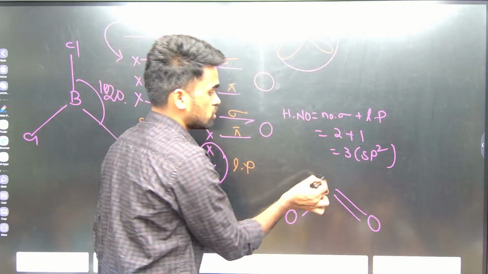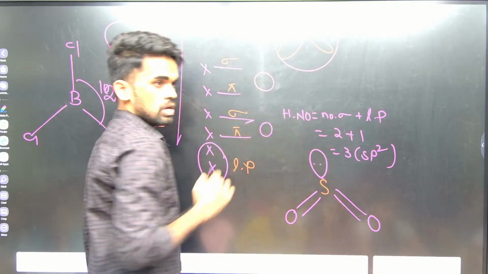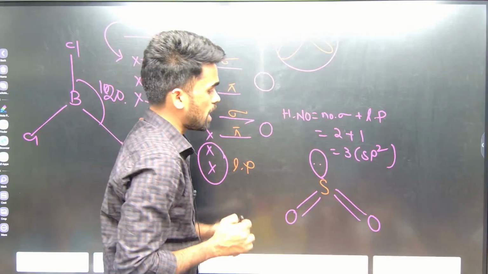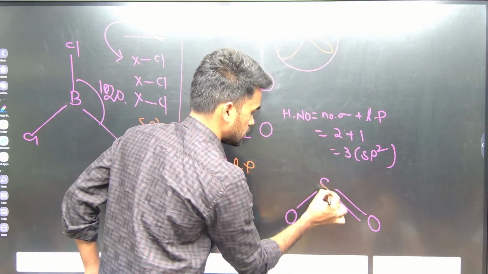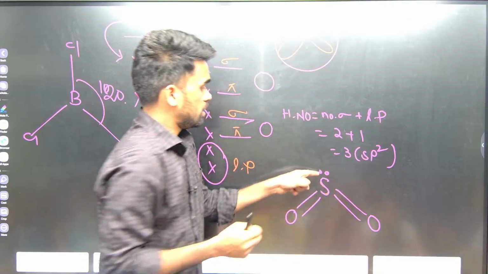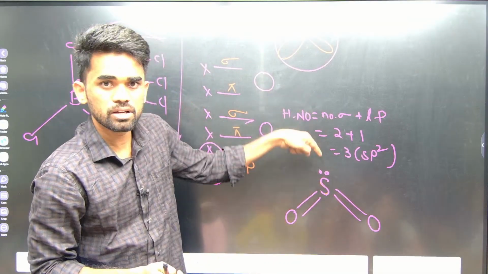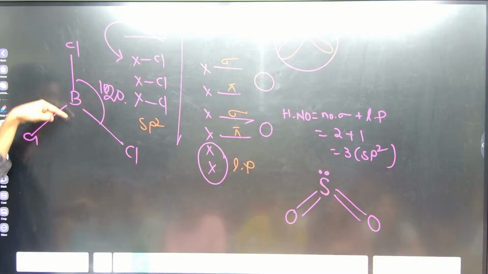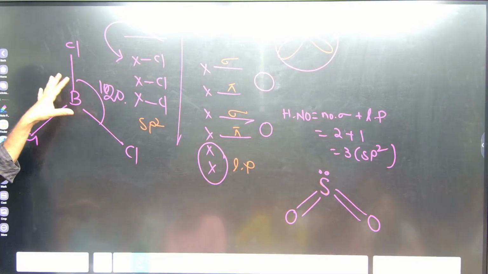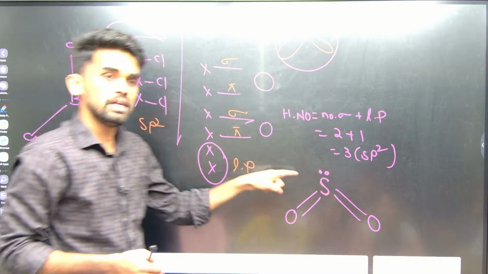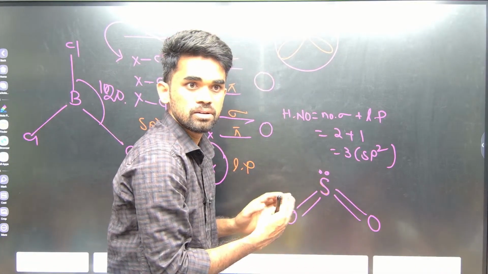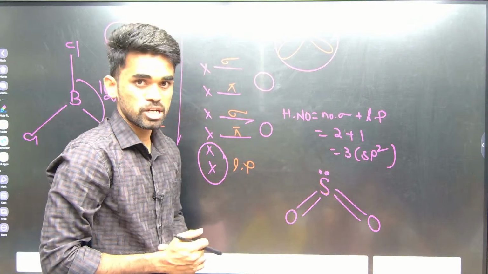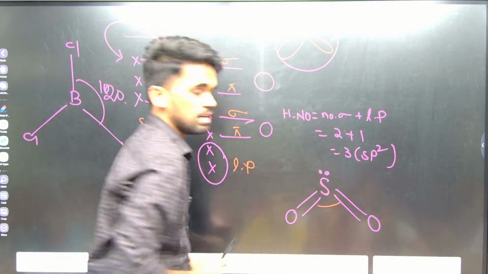Okay, now one more set is what we have here: a lone pair. So in the structure, here there is a lone pair. Is there any bond at this top side? If there is a bond, you call it trigonal planar. But here we don't have, so it is something like this, bent shape. Now what about this angle?